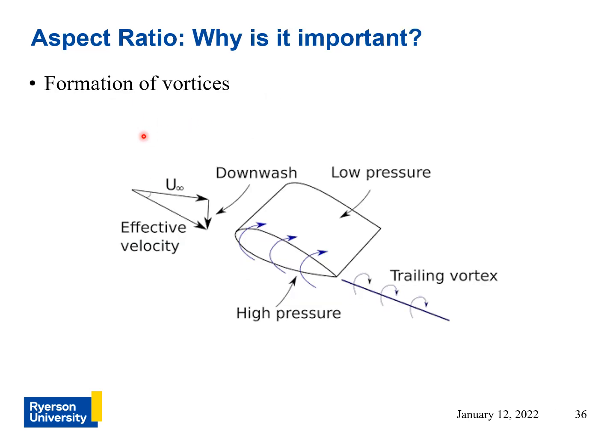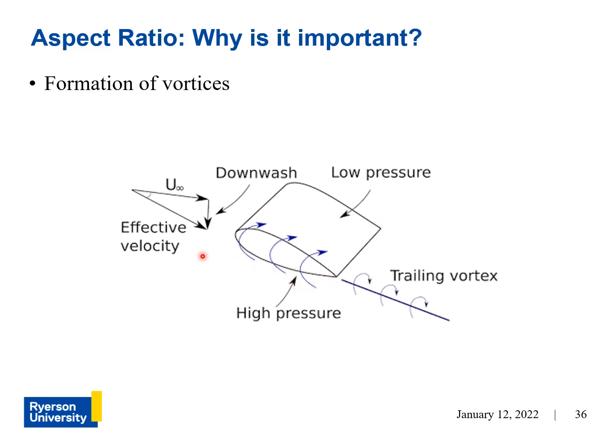Now, why is it important to consider aspect ratio? Aspect ratio is important because 3D wings tend to form things called vortices. Now recall that at the top of the wing, or an airfoil, the air has lower than ambient pressure, while the bottom of the wing or airfoil has higher than ambient pressure.